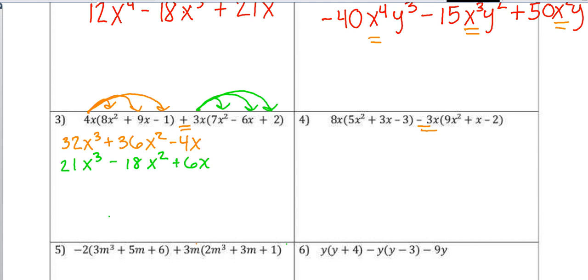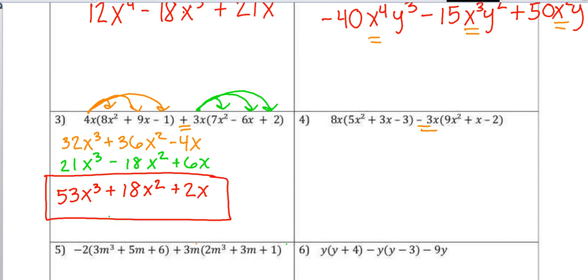And I'm now going to add those together so that I have 53x cubed plus 18x squared plus 2x. And there you have it. There's your answer.